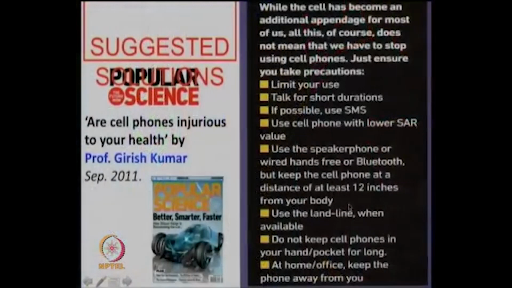Now of course some people also use Bluetooth. Now yes, there is a good thing about Bluetooth, that Bluetooth transmits maximum 10 milliwatt of power, whereas a cell phone can transmit 1 watt of power, which is about 1000 milliwatts. So it definitely transmits 1/100 of that.